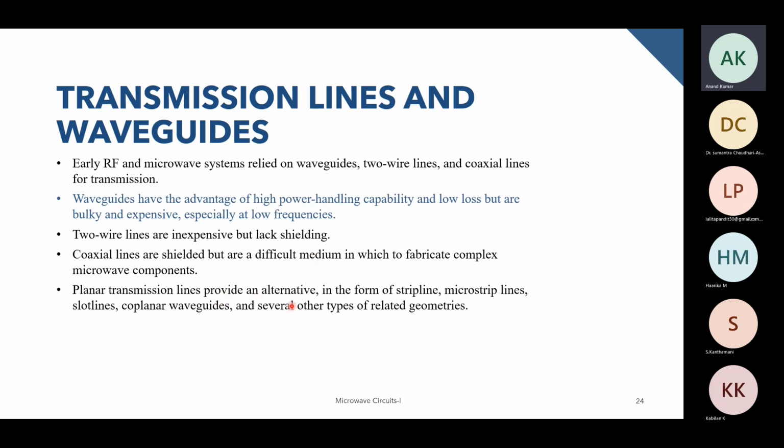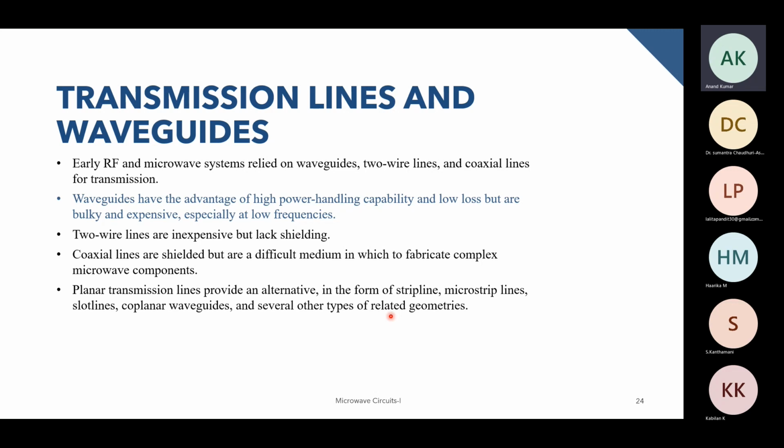Recently, since a lot of things are done on the PCB, the printed circuit board, we have what we call planar transmission lines. These could be strip lines, microstrip lines, slot lines, coplanar waveguides, and other geometries. These are all planar transmission lines and wave guiding structures.